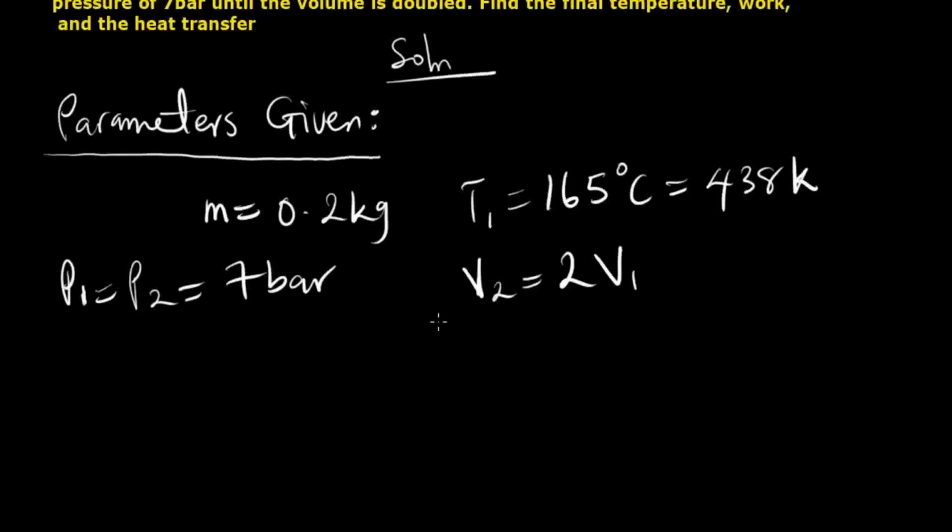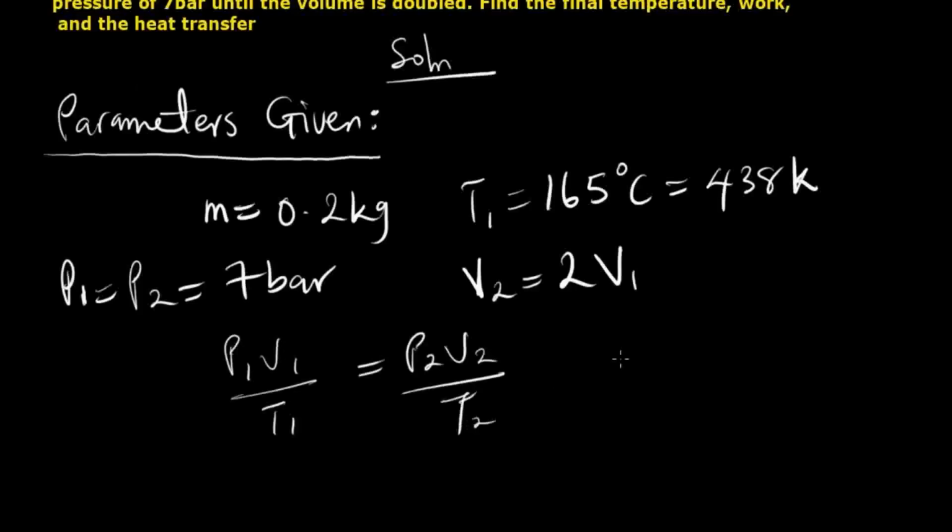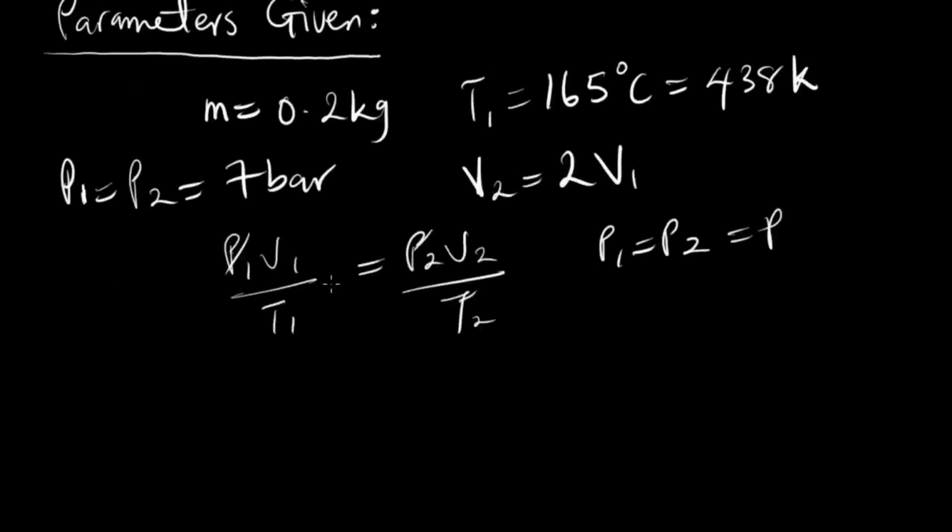Now we go down to our formula. Before that, our ideal gas equation, which is P1V1 over T1 is equal to P2V2 over T2. So if P1 is equal to P2, P cancels out, we're left with V1 over T1 equal to V2 over T2.